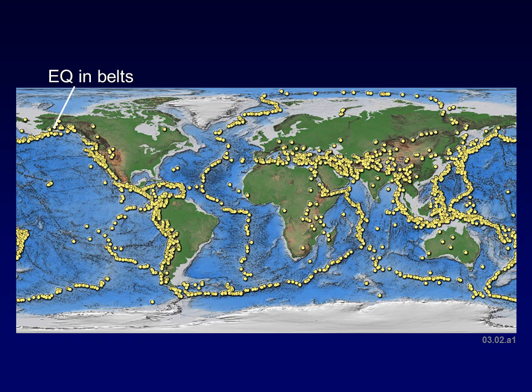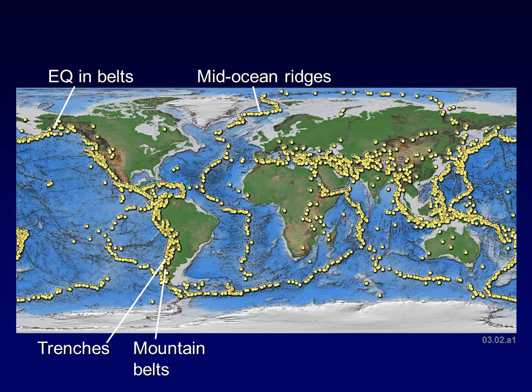So we find earthquakes in belts, and again, this is where do earthquakes occur. So earthquakes occur in belts, along mid-ocean ridges, in oceanic trenches, in mountain belts.